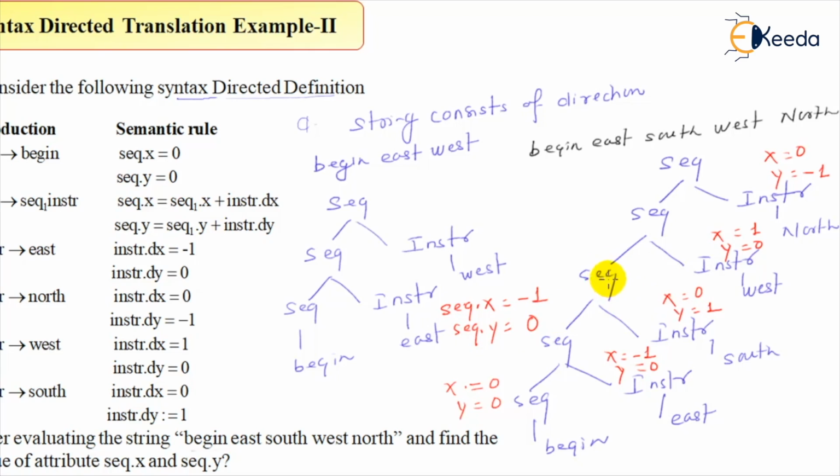Again I repeat the same thing: x will become -1 plus 0, which is -1, and y will become 0 plus 1, which is 1. So here 1 and 1 are the values, and at this step x will be 1 plus 1, which will become 2, and y will become 1 plus 0, which remains 1.